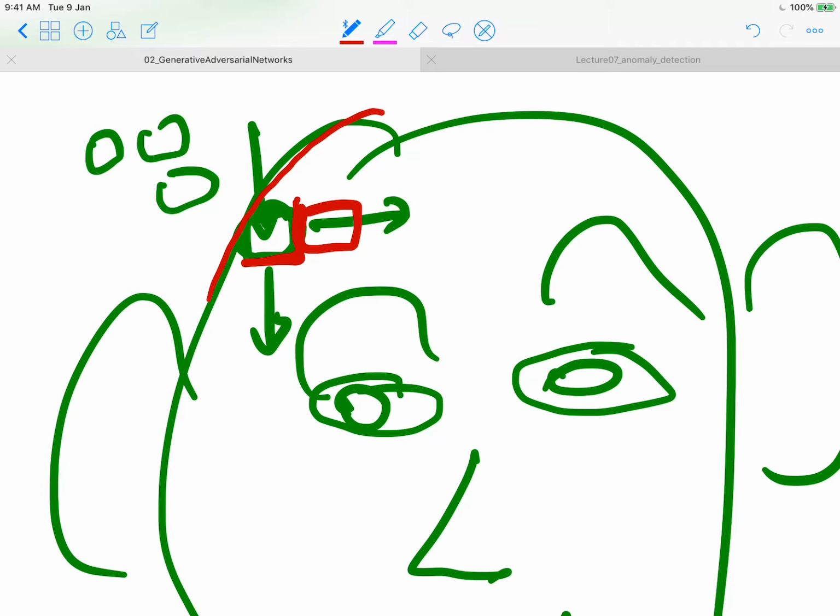So in this case, we get the idea of the conditional probability of this particular pixel given the pixel value of the top left pixel.